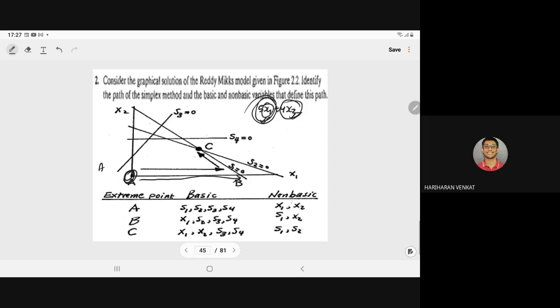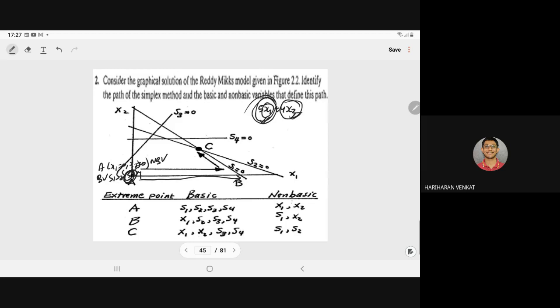So here, when we say point A, we have x1 equal to 0 and x2 equal to 0, so x1 and x2 are the non-basic variables. And the basic variables for this point are s1, s2, s3, s4.